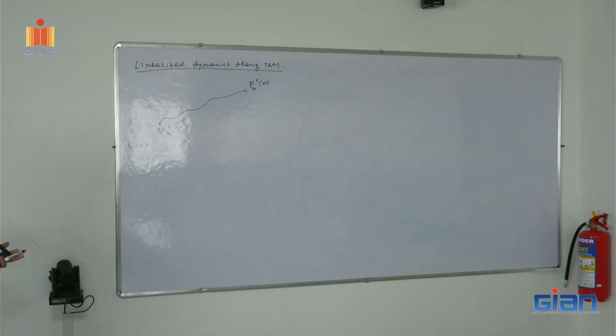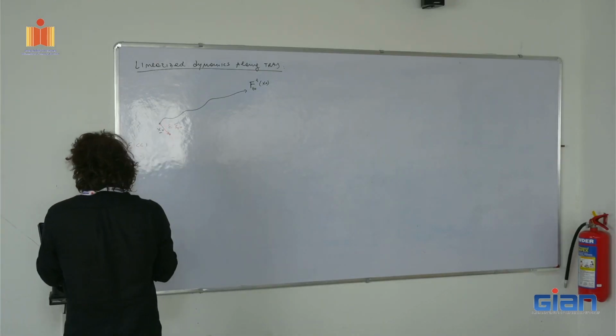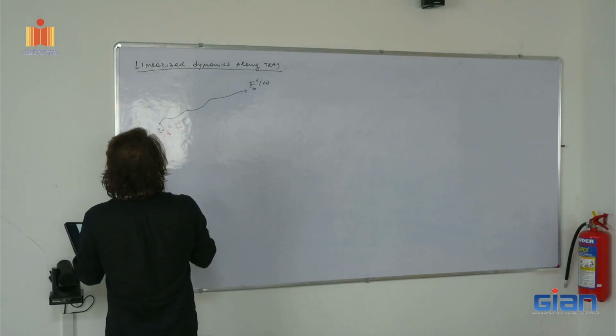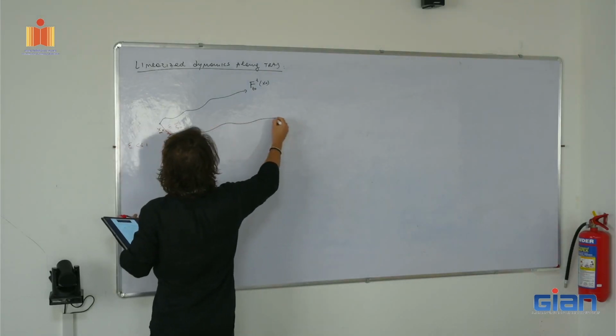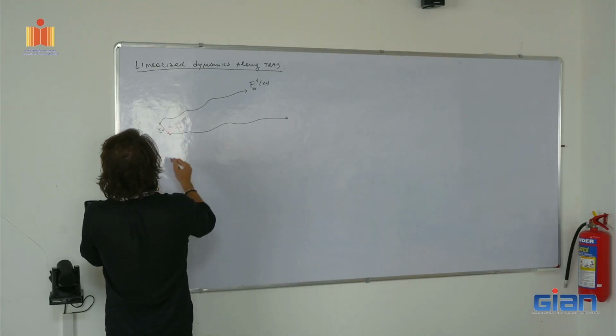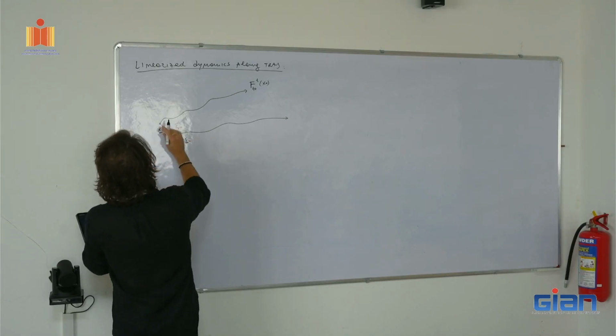If I now advect this and compute the trajectory, it's going to arrive somewhere here. So my new initial position is x0 plus epsilon zeta 0. This was x0.